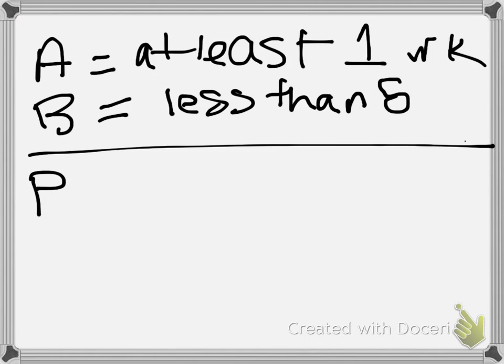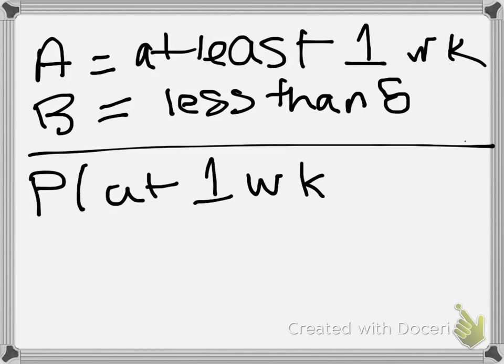So the probability of A and B, what makes up A and B, would be that they work out at least once per week and less than 5.